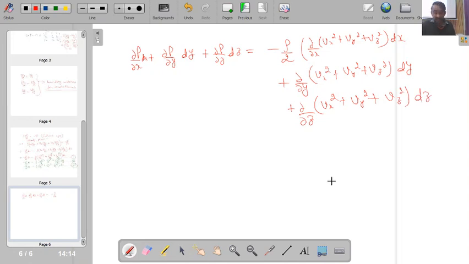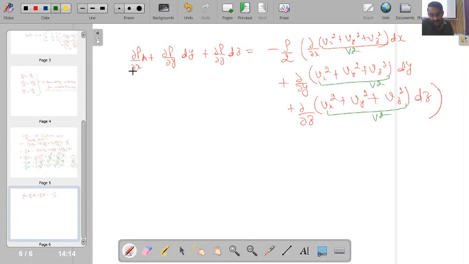This is typically the definition of a total derivative. What are these quantities? This whole is equal to v square, this is also v square and this is also v square.